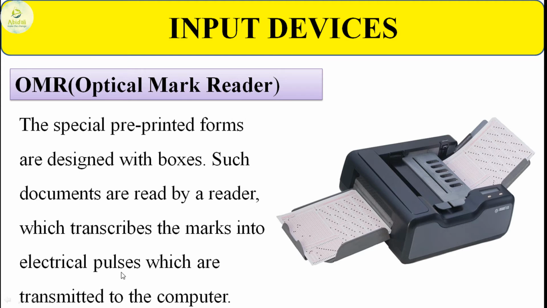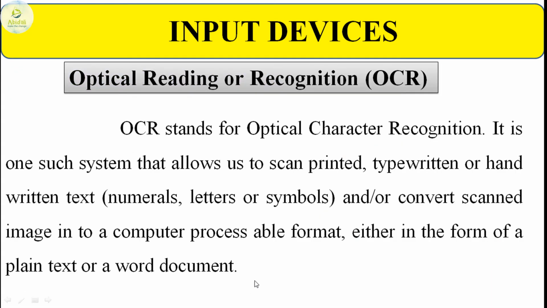If the option you have chosen is correct, it is regarded as true, 1 for the correct one, 0 for the wrong one. These electrical pulses, on and off signals, are transmitted to the computer to tell how many marks the candidate has gained.